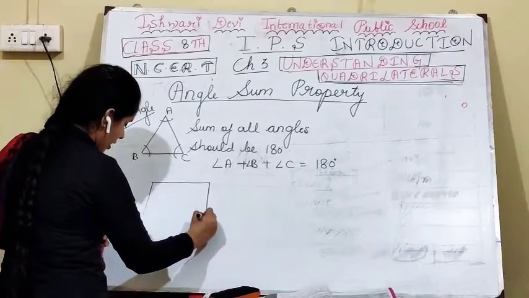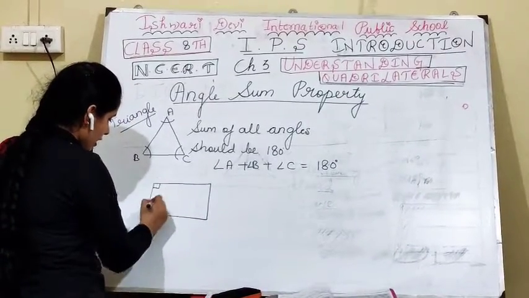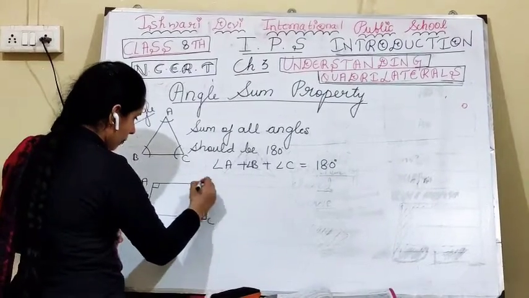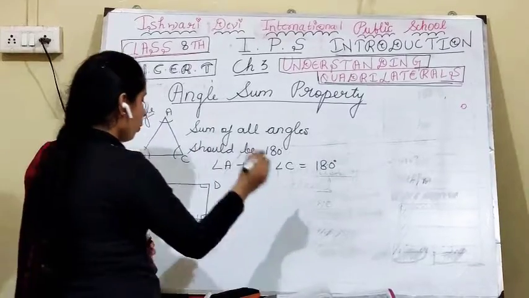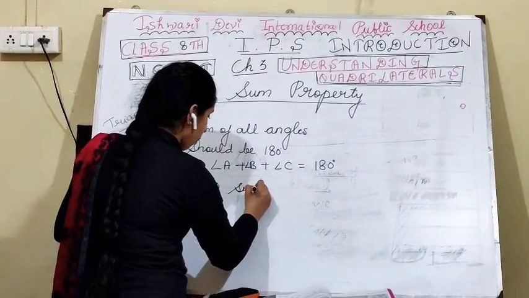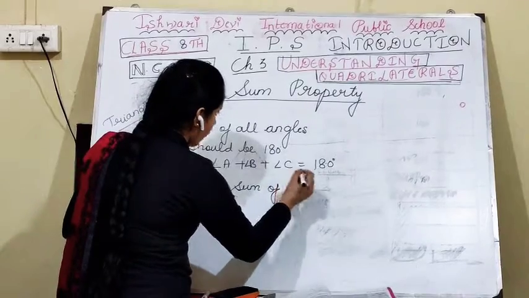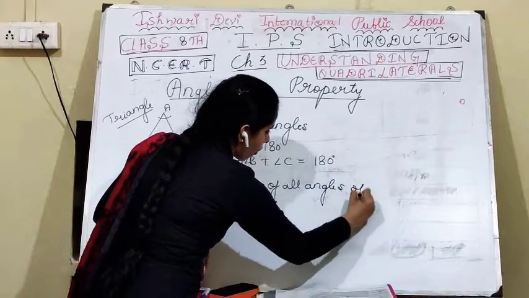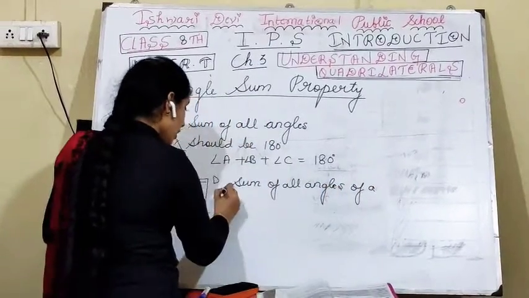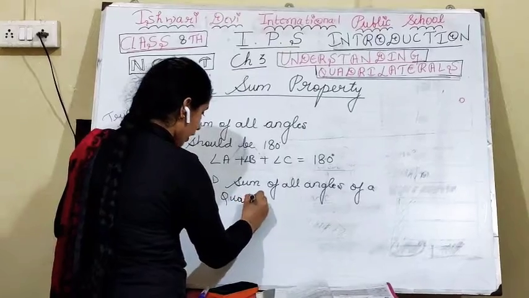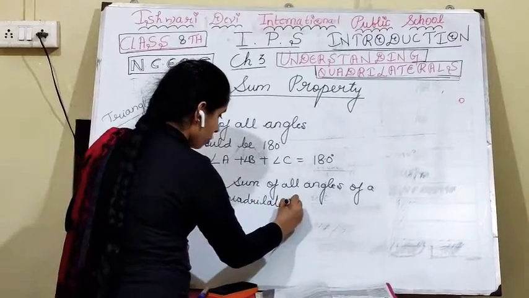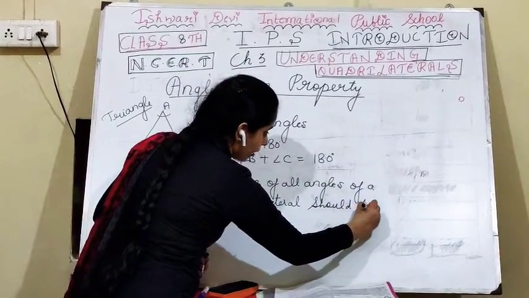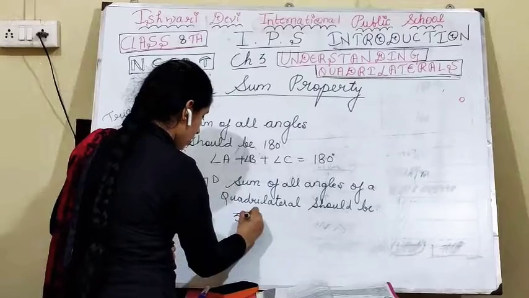This is angle A, angle B, angle C, and angle D. Now the angle sum property says the sum of all angles of a quadrilateral should be 360 degrees.